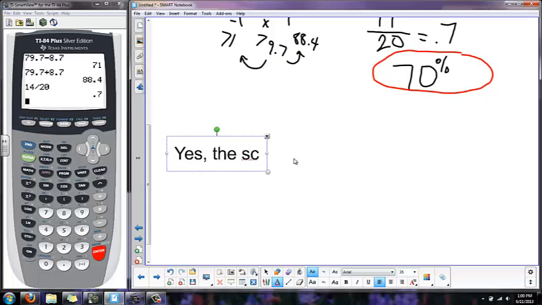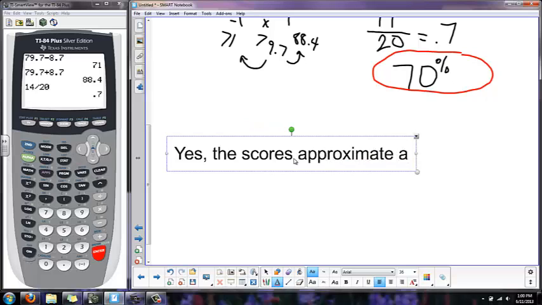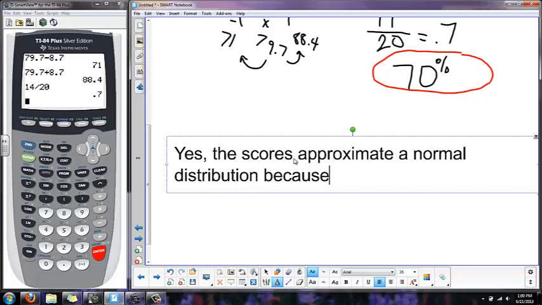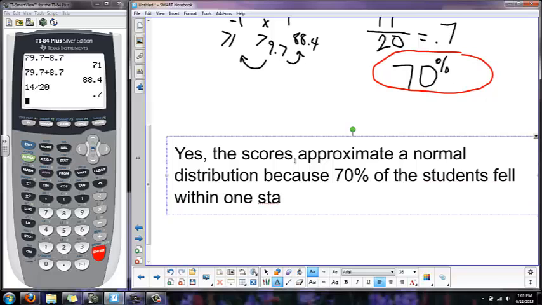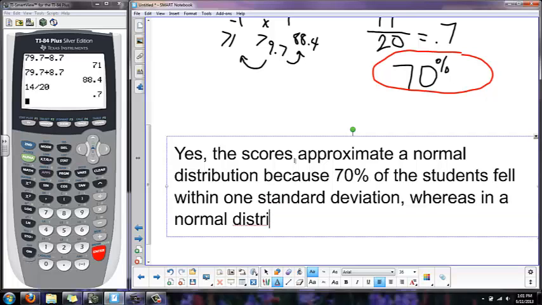Yes, the scores approximate a normal distribution because 70% of the students fell within 1 standard deviation, whereas in a normal distribution, 68.2% fall within 1 standard deviation.